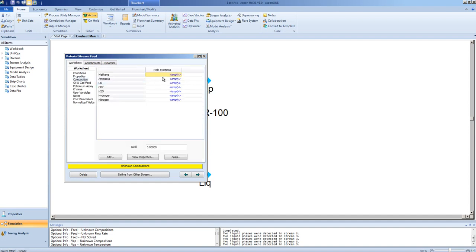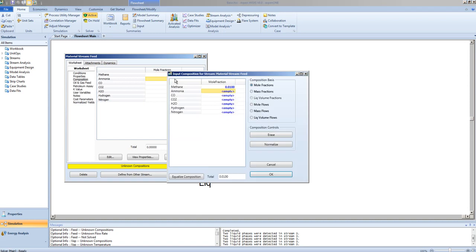Our composition will basically be a very small portion of methane, a very small portion of carbon monoxide, we will put in 0.2 or 20% ammonia. The carbon monoxide will be a very small portion, as well as the carbon dioxide and the water.